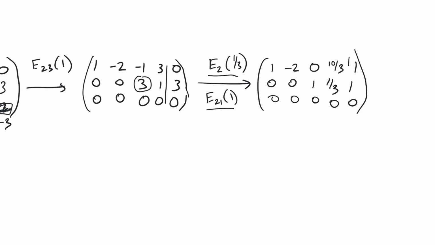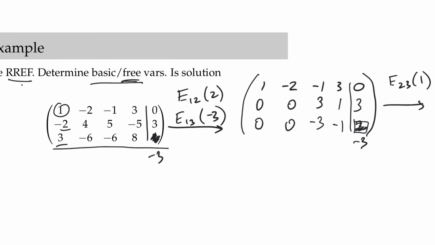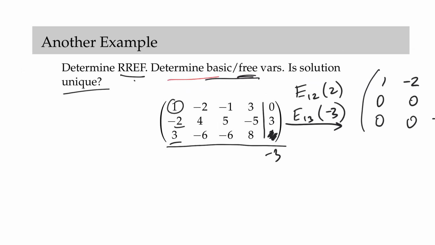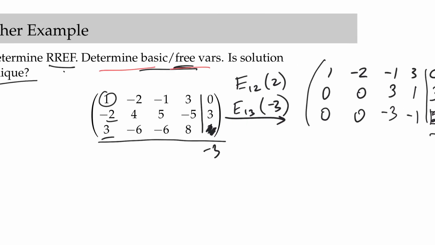So what we have now is indeed the reduced row echelon form. What I observe is pivot, pivot, x1, x2, x3, x4. It might help to remind you what the problem was. We're supposed to determine the basic and free variables.